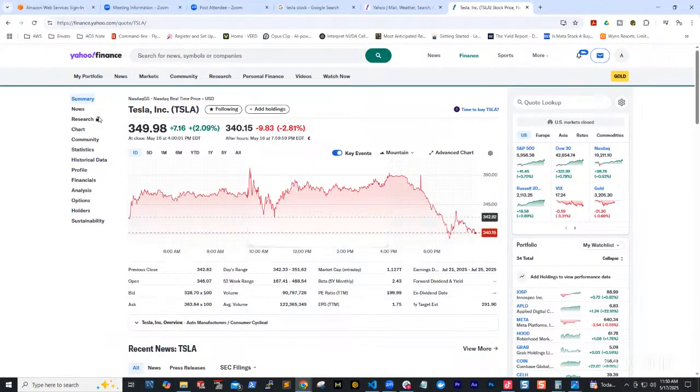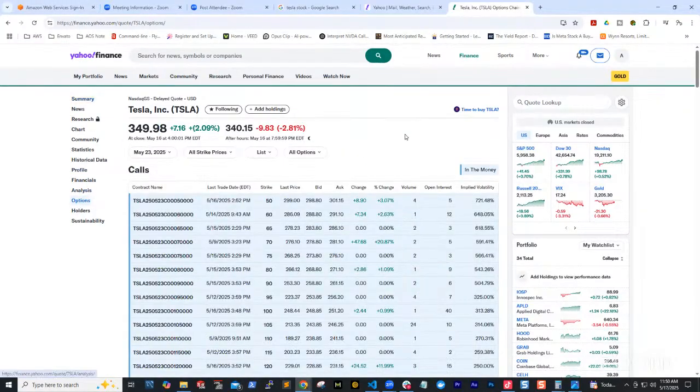Right, so this is Tesla. You can see the same price. Now, if I go to options, right? That's what I'm saying, you guys can use Yahoo Finance. It's very detailed. It has everything.